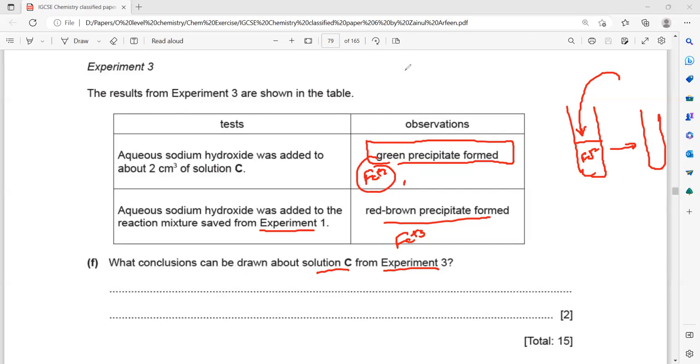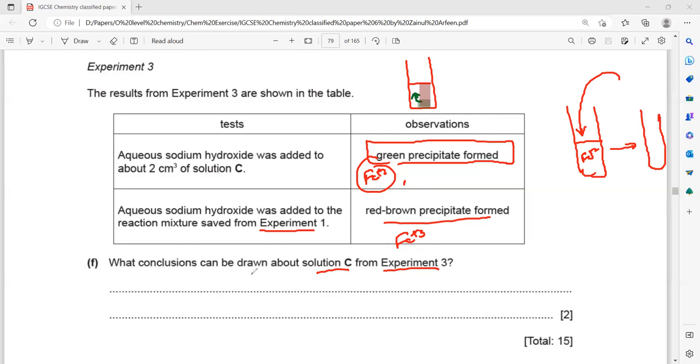But they mentioned that the precipitate formed initially was a dirty green precipitate, and with the passage of time, the same precipitate turns into red brown. If dirty green turns into red brown, it shows that there is a change in oxidation number for iron. Originally it was iron 2 and then it became iron 3.